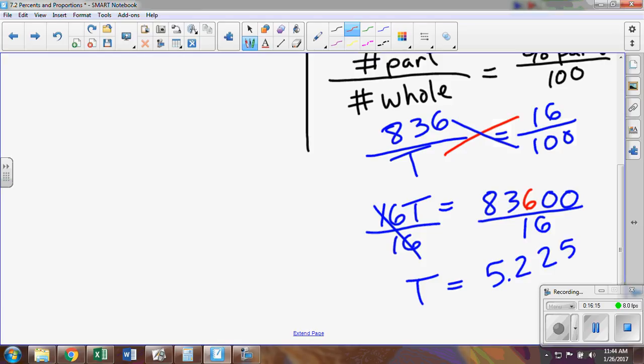Charlie helped us out with the calculator. Yeah. So there we go. The heptathlon athlete's total score was 5,225 points.